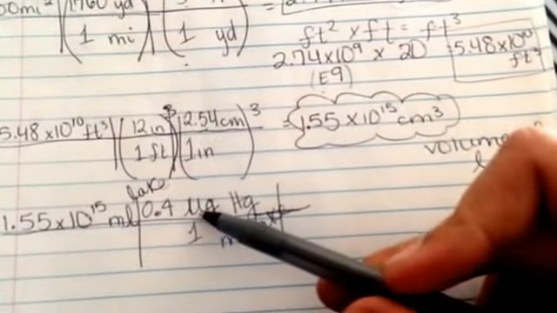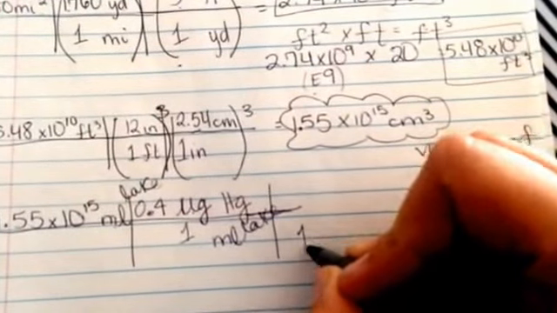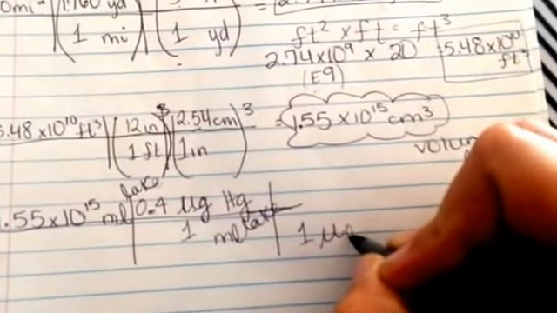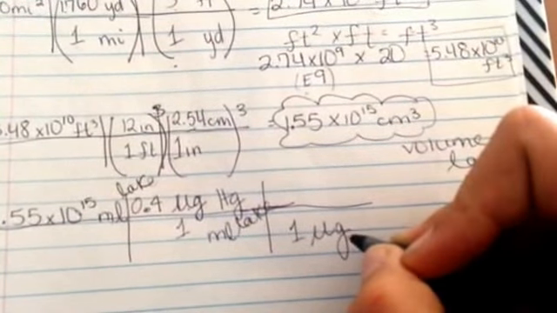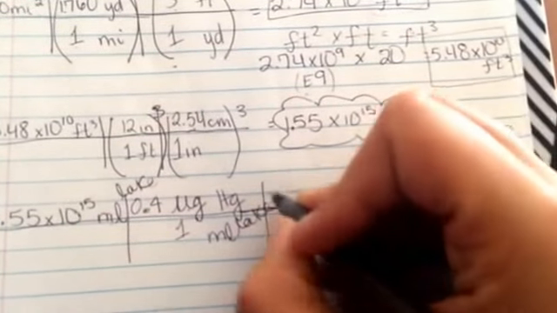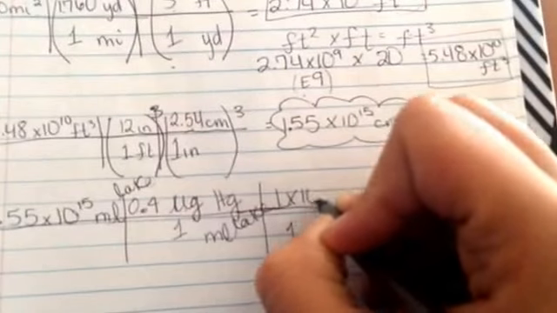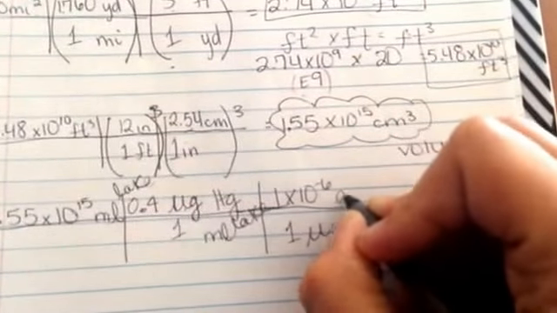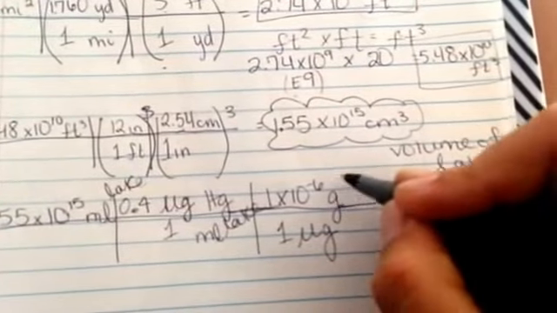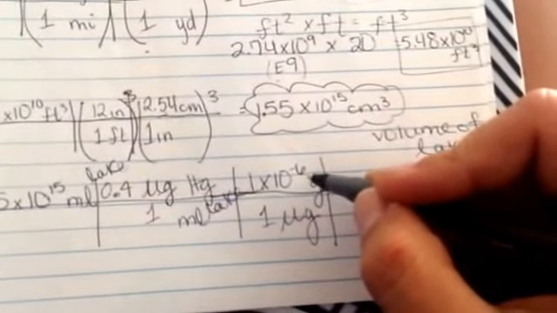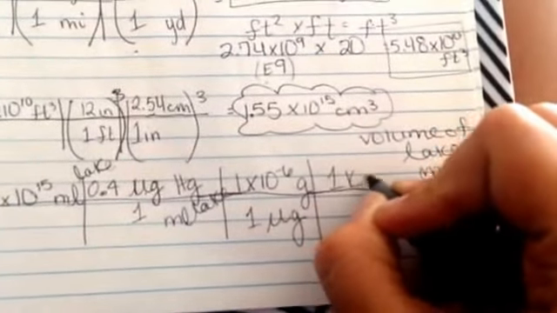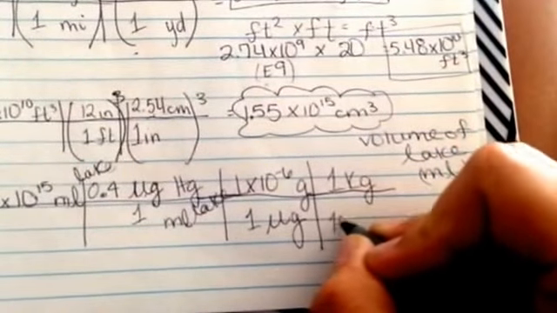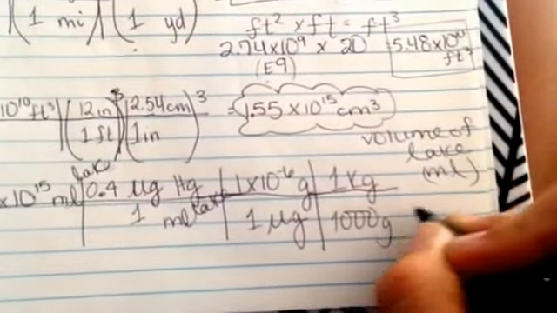Now, 1 microgram, see if you can remember, is 1 times 10 to the negative 6 grams. Okay, but they don't want it in grams. In the end, we want to be in kilograms. So now we're going to also say 1 kilogram is going to be equal to 1,000 grams.